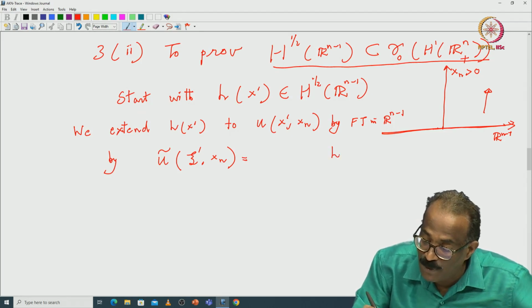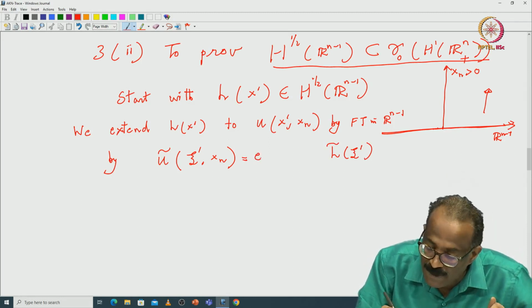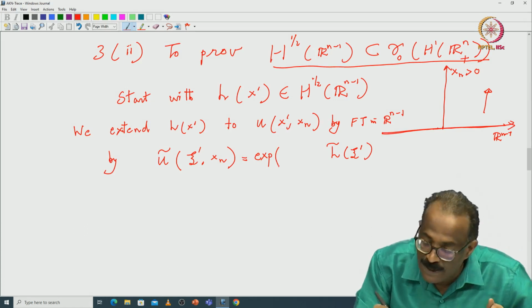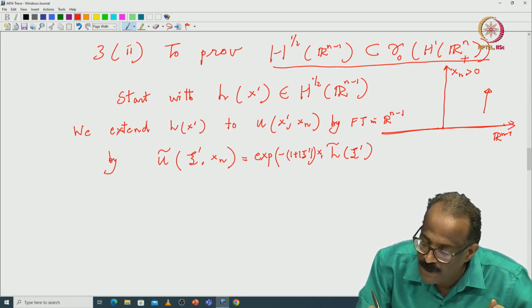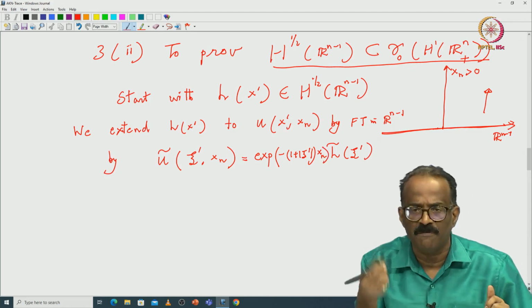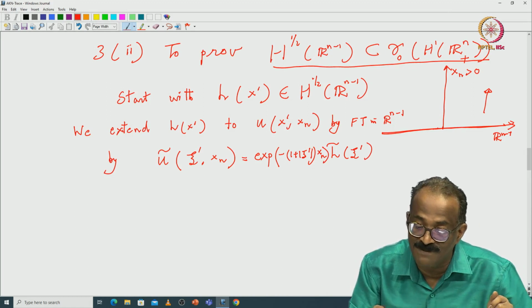So I will have u tilde of psi', x_n, which at the boundary should be h tilde. At this stage I put a very nice exponential function so that it changes very smoothly, with the factor 1 plus mod psi' times x_n. This may not be the only way, because there will be different extensions, but if you put x_n equal to 0, this term vanishes.